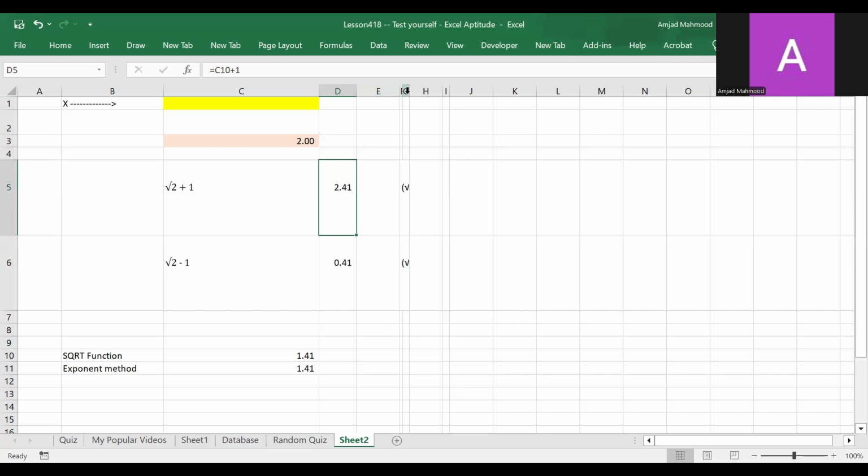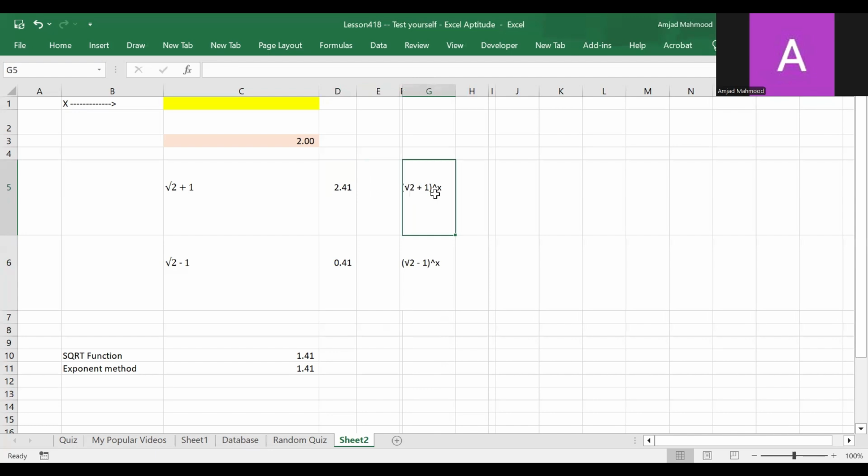The second part of the job is raised to power x. For this, we are going to write a formula, the second part, which will be added to the first.